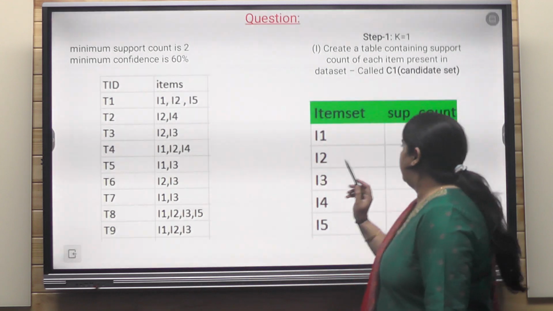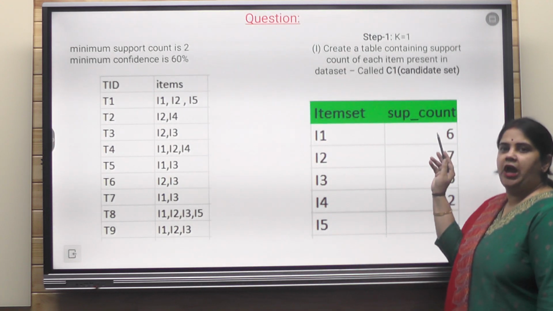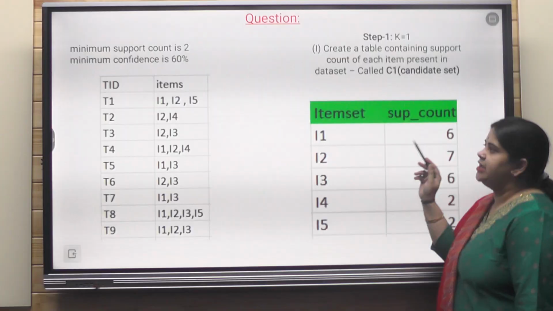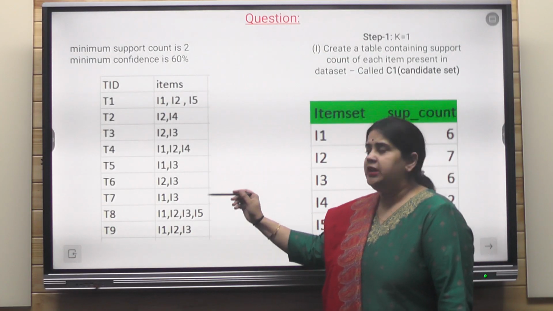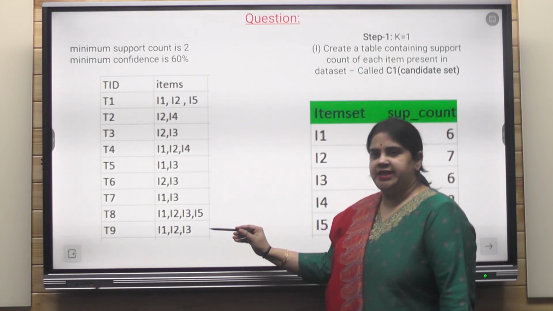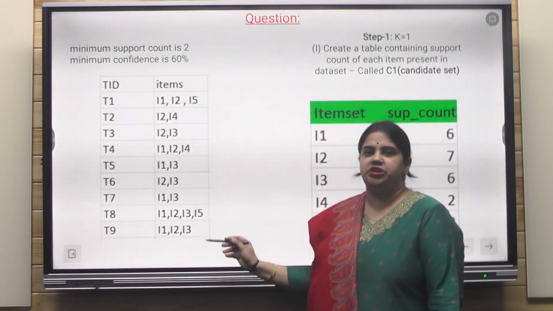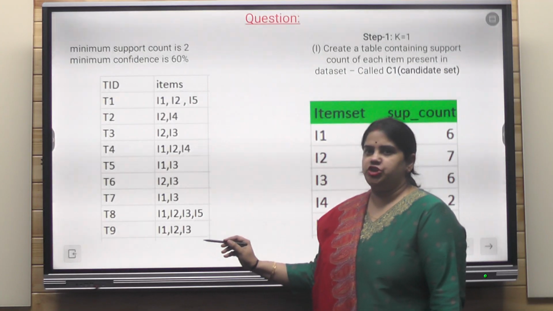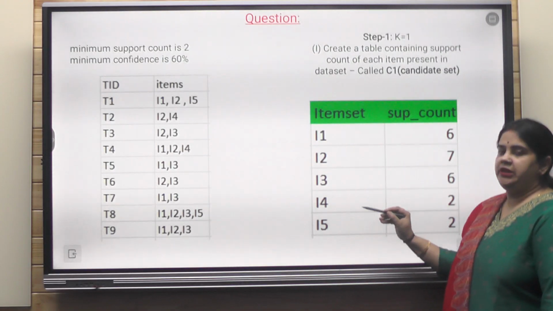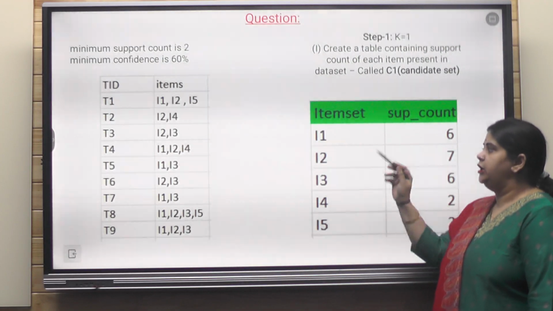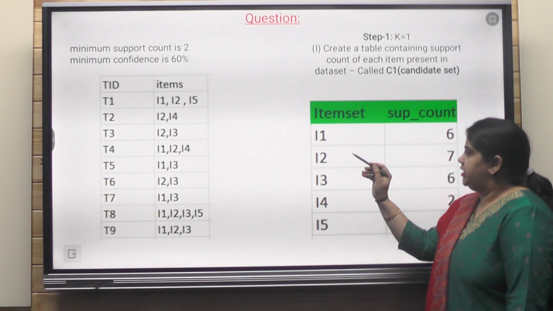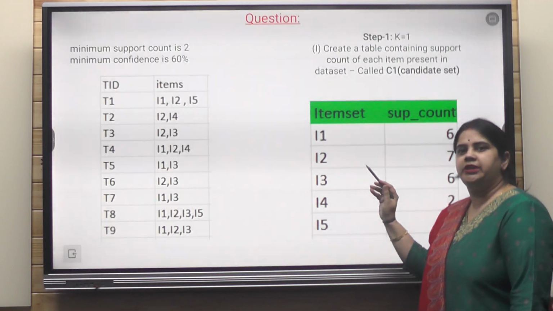It means that the I1 support count total is 6, and that is how we have counted: the number of transactions in which I1 appears shows that you have purchased I1 in these transactions. And for all the remaining items, we are going to count the support or the threshold.